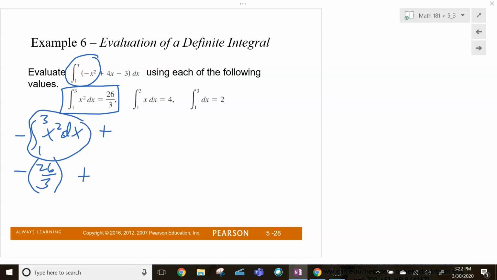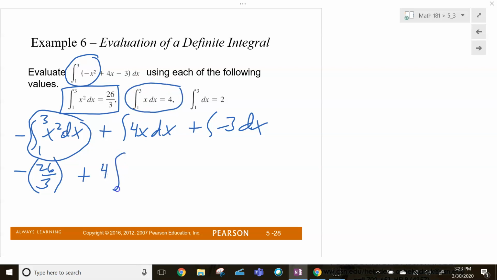Plus, now we've got the integration of 4x dx, and then we've got the integration of -3 dx. Now I have the integration from 1 to 3 of x, but not 4x. So again, I'll put that 4 out front. Integration of x dx from 1 to 3 is equal to 4. They told us that.